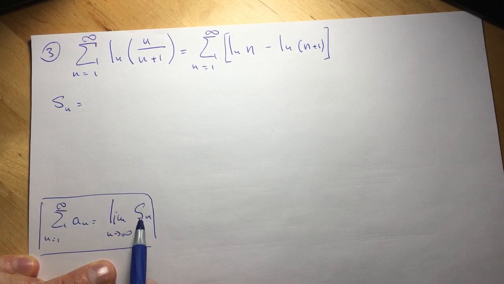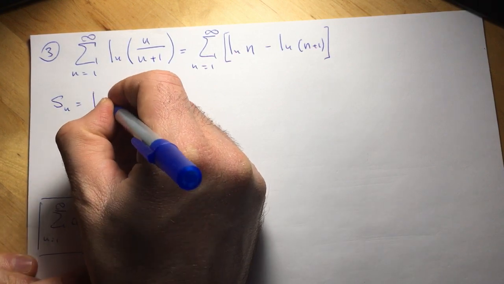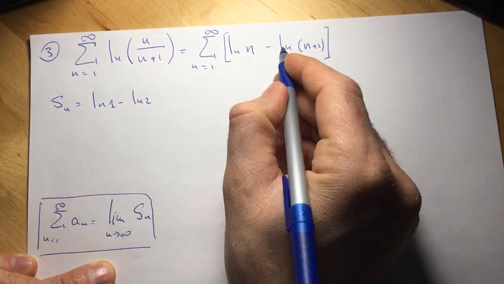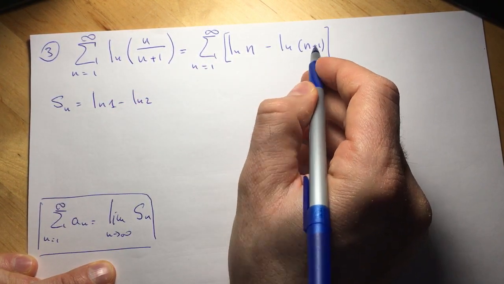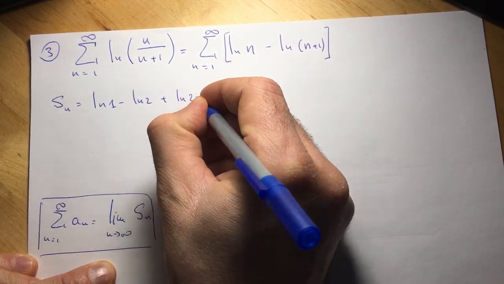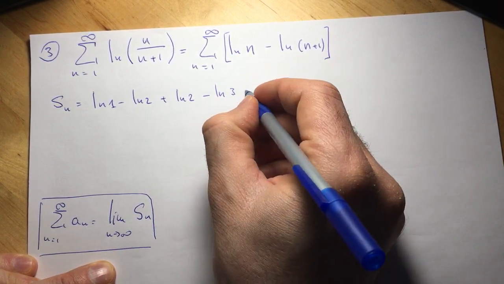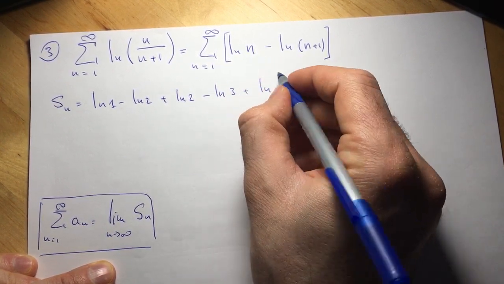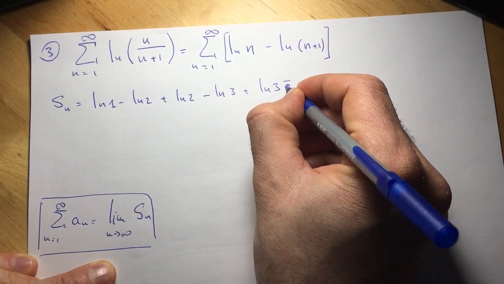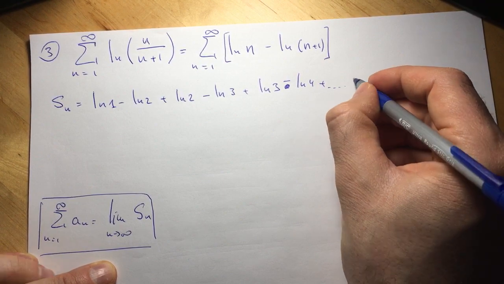This is the nth partial sum. So what is the nth partial sum? When n is 1, I get ln of 1 minus ln of 2, right? 1 plus 1 is 2. Plus, now ln becomes 2: ln of 2 minus ln of, when n is 2, this is 3. Plus ln, now n becomes 3: ln of 3 minus ln of 4, plus, and so on and so on.